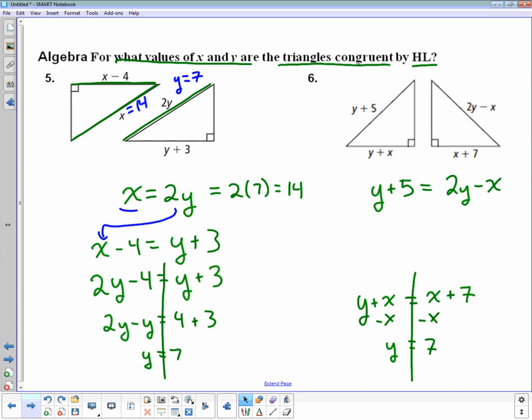What'd you get? Come on, plug in 7. Come on, solve for x. We need to talk to our algebra teachers. Have a little conversation. What do you got? 2. Thank you very much. Wow, that was like pulling teeth.